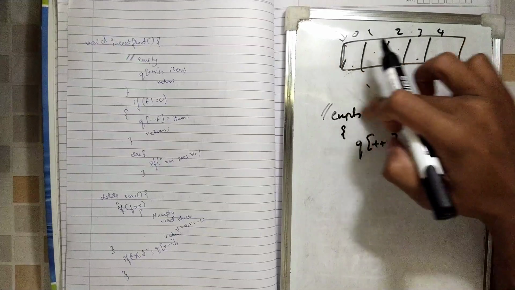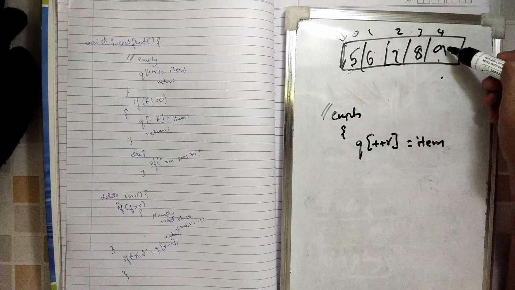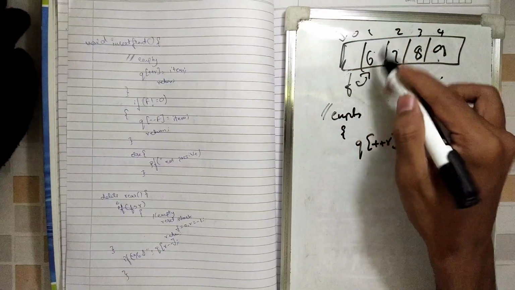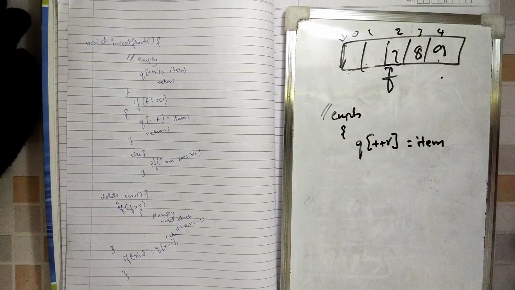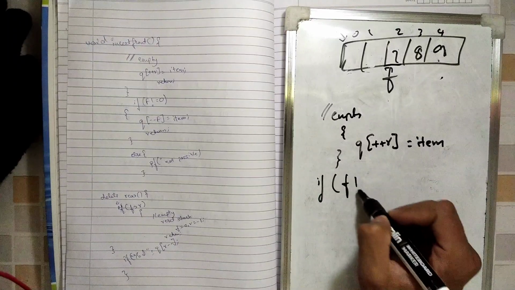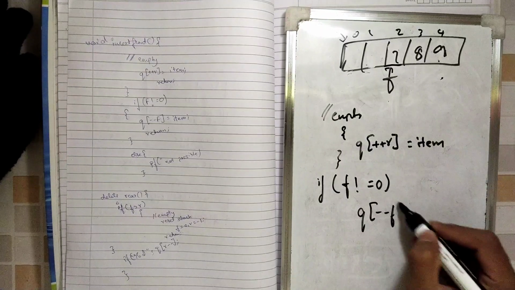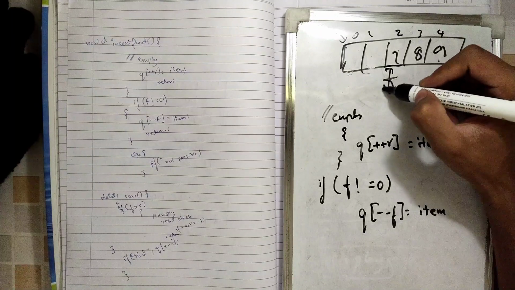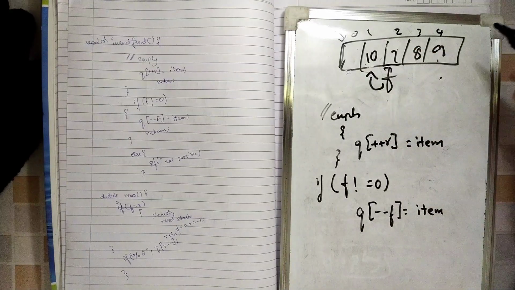Suppose I inserted 5 6 7 8 9 like in the ordinary queue example, then I deleted one by one and incremented F each time, so now my F is here. Is my F 0? No. So if F is not equal to 0, q of --f is equal to item. First my F gets decremented and then my item goes there. Suppose it was 10. Understood?